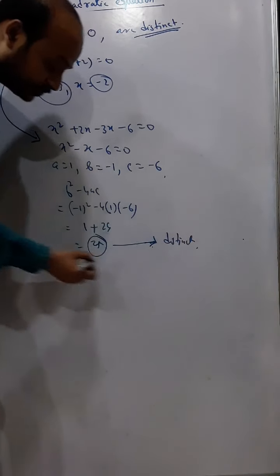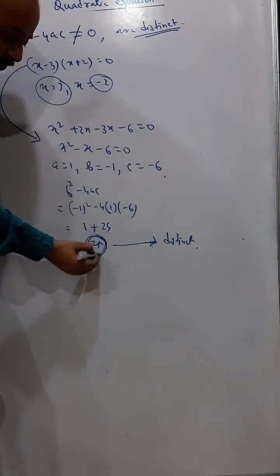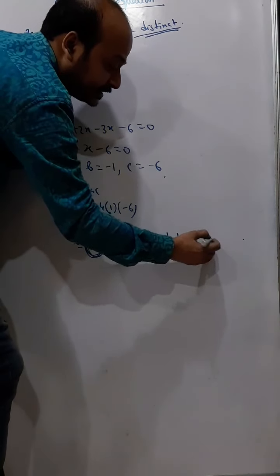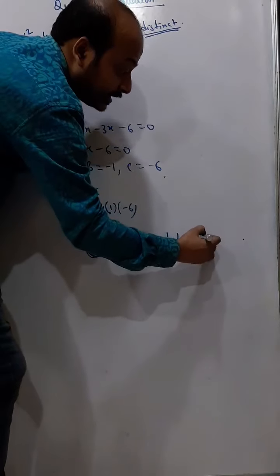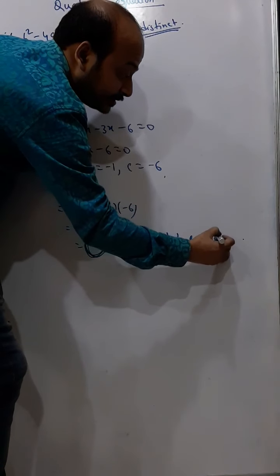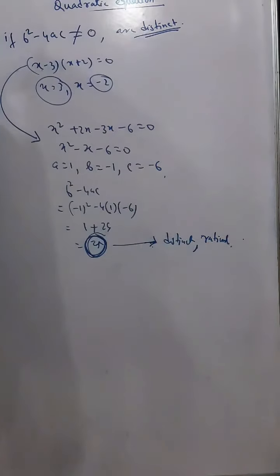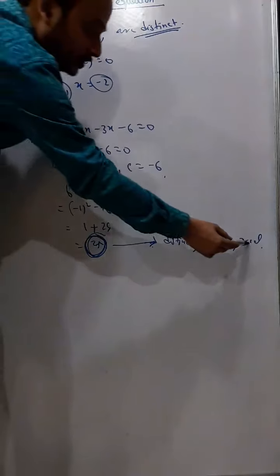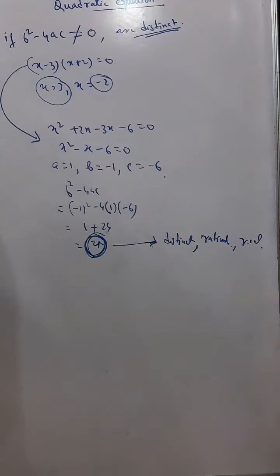distinct. And you see one more thing we got, it's a perfect square, so we can say it is distinct and it is a rational number. And also we can say it is real. So you can understand, we got all three natures of the roots in this equation.